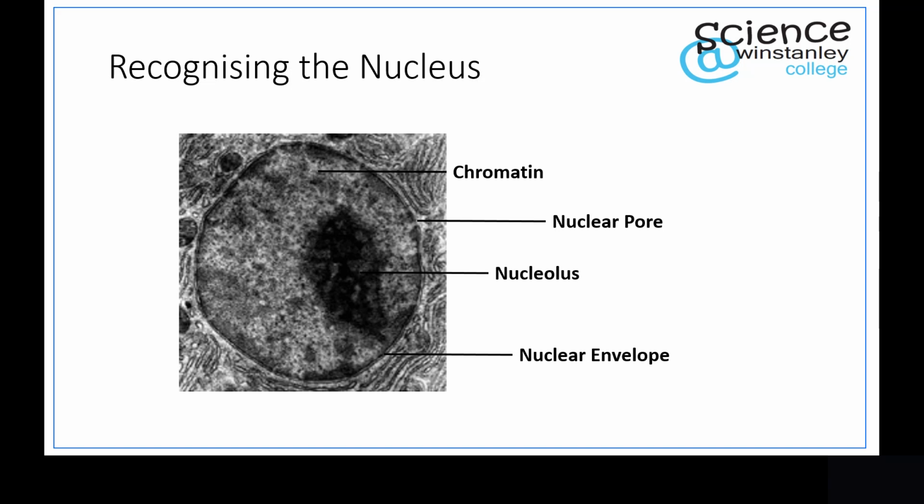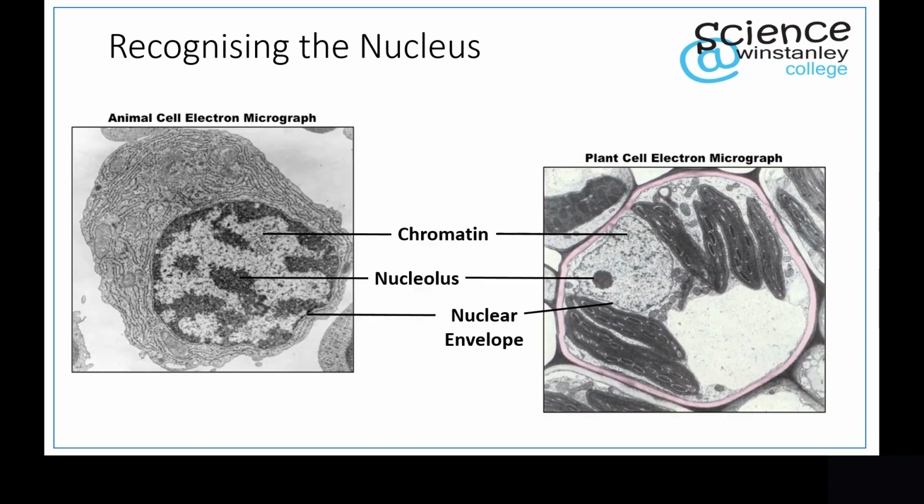So if you were looking at an entire cell using the electron microscope, well, then this is what they would look like. So you can see an animal cell on the left and a plant cell on the right. And again, I've highlighted the particular aspects you can see of the nucleus.